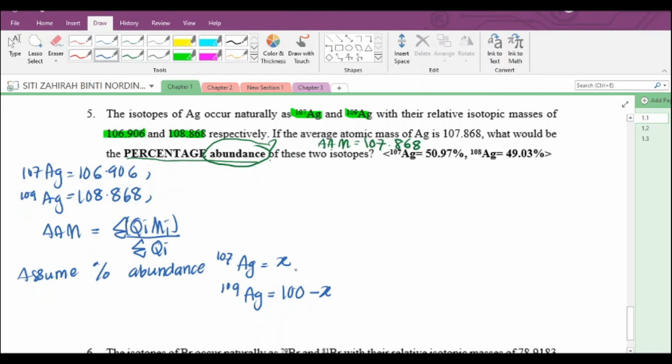So let's substitute this percentage abundance into this formula. The average atomic mass is given already, 107.868.